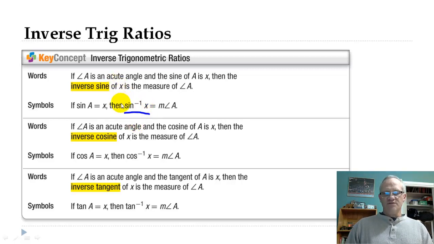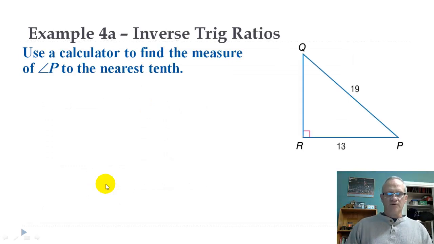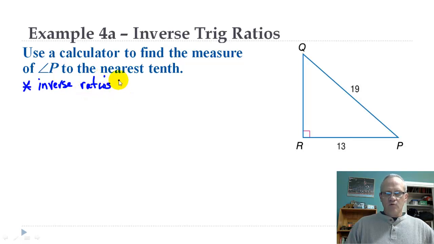What they're saying is, if you know that the sine of A is x, then the inverse sine of x equals the measure of angle A. Likewise for cosine and tangent. Let me explain it a little more as we work one out. The main thing to remember is that inverse ratios will find the measure of the angles.